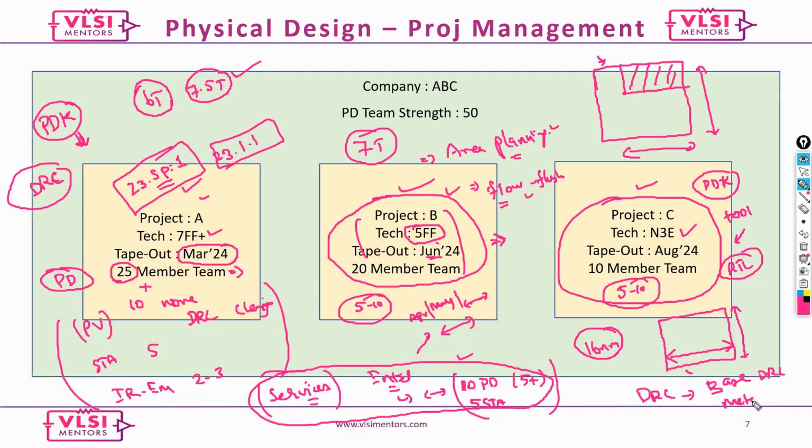metal DRCs. There are different layers in the implementation. You have base layers like NWELL, P plus, N plus, poly, OD, and contact. Do you have any issues with the base layers? Base layer DRCs need rebuilding the whole block.